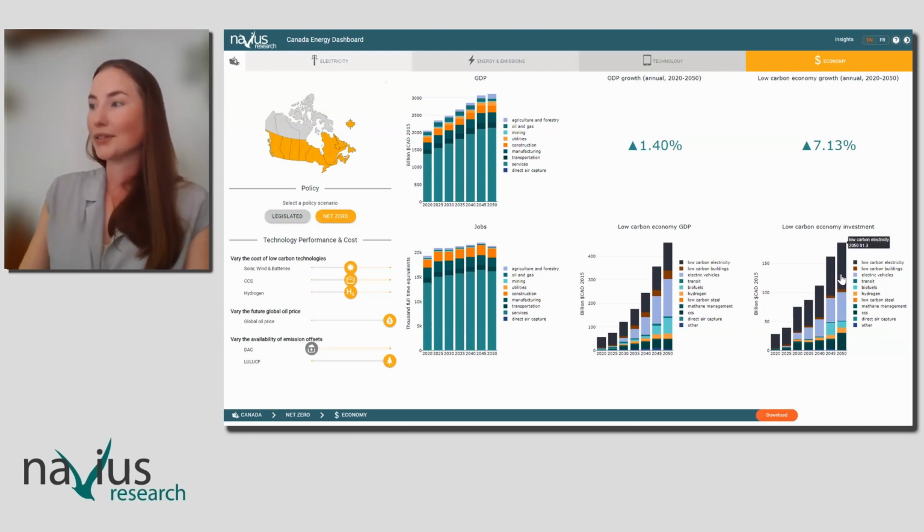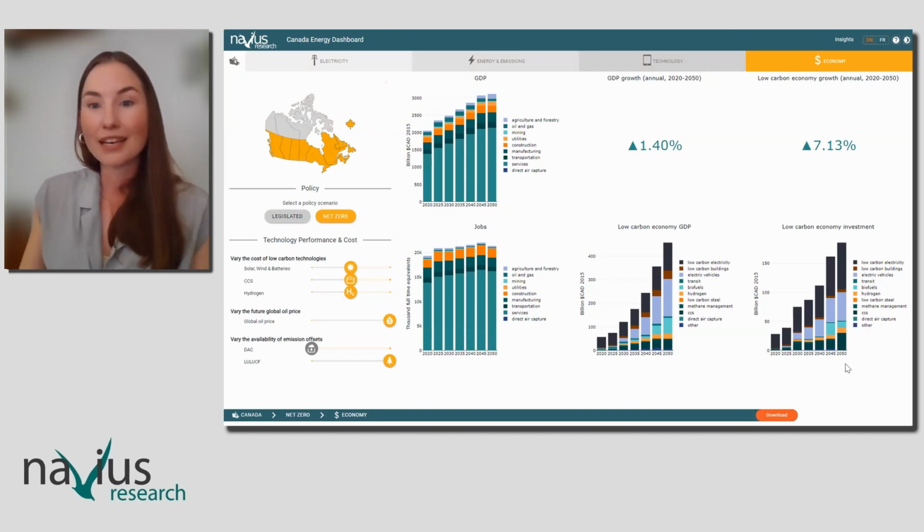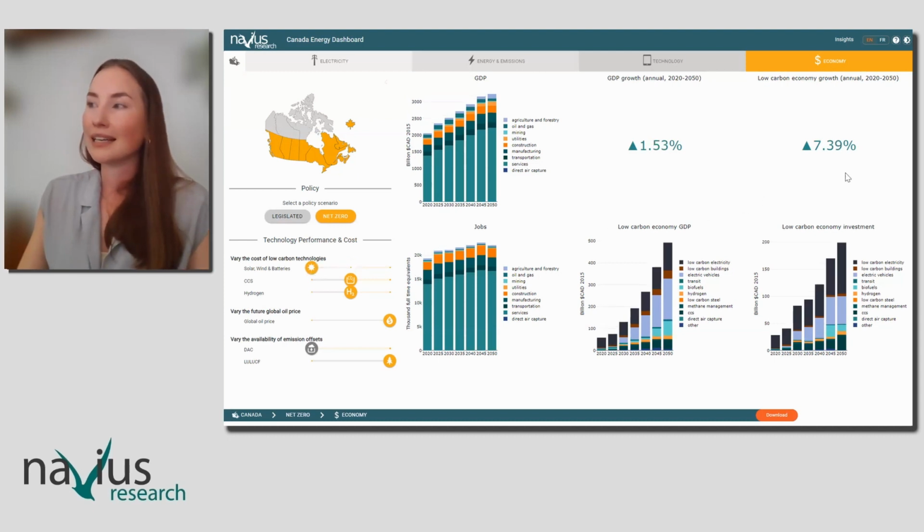So that includes electricity, electric vehicles, biofuels, hydrogen, and carbon capture. In this net zero scenario, we are seeing cumulative investment of almost $3 trillion from 2020 to 2050 in the low carbon economy. And if we look at a scenario with low solar, wind, and battery costs, we see the low carbon economy grows at a slightly higher rate of 7.4% per year.